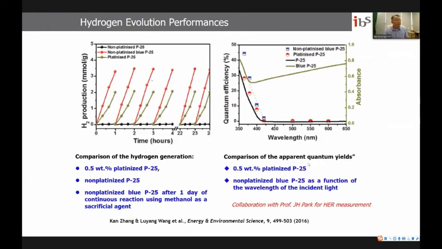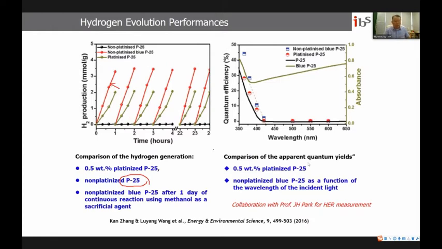This is the result, showing that our blue TiO2 gives the best yield, better than black, even better than platinum.